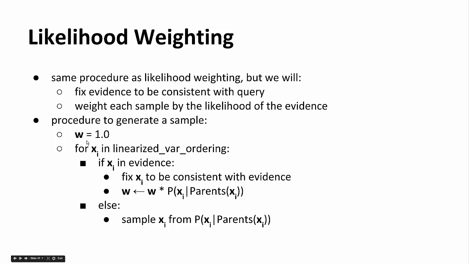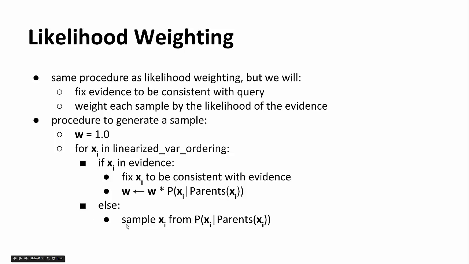Generate a sample. Every new sample will have a weight initialized to 1. We'll again go in some linearized ordering, and we'll say if x is an evidence variable, we'll fix x to be consistent with the evidence, and then we'll weight the sample by the probability that we would have gotten x naturally, right? So p of x given the parents of x.